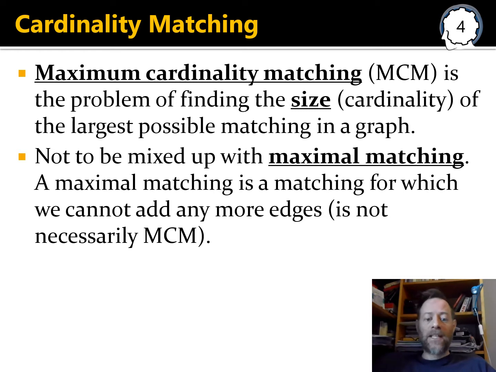A maximal matching is a matching for which we cannot add any more edges. It might be the case that we cannot extend it any further, so it's maximal, but it might still not be maximum. Of course, the maximum cardinality matching is also a maximal matching. So maximal matching is a more inclusive concept than maximum cardinality.